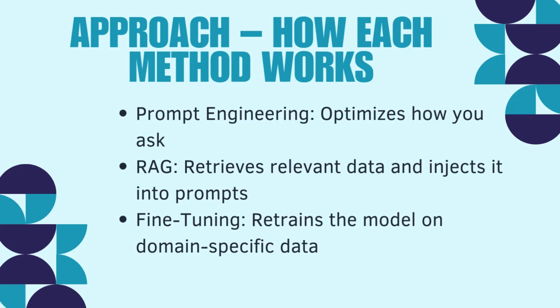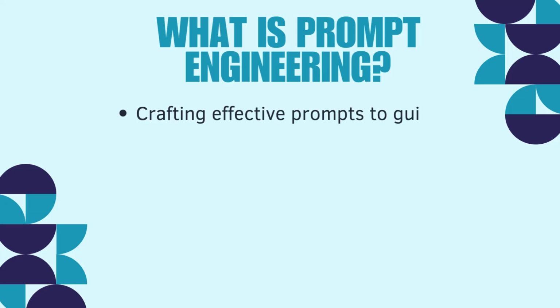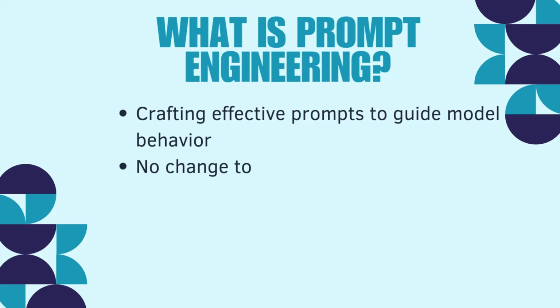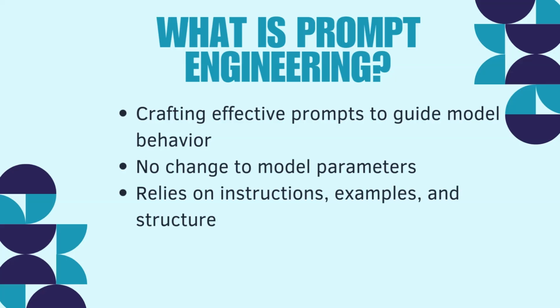Prompt engineering. Prompt engineering is the process of designing effective prompts that guide a model toward the desired output without expanding its knowledge base or changing its internal parameters. The goal is simple: to make the model's output match the exact requirement of your use case.